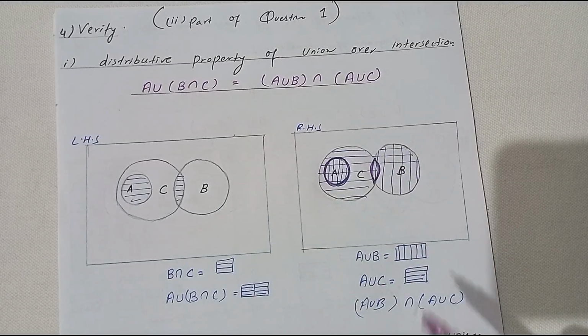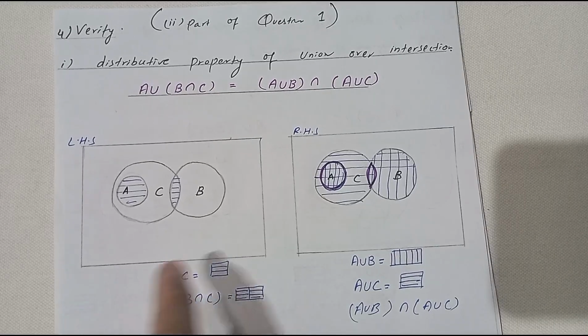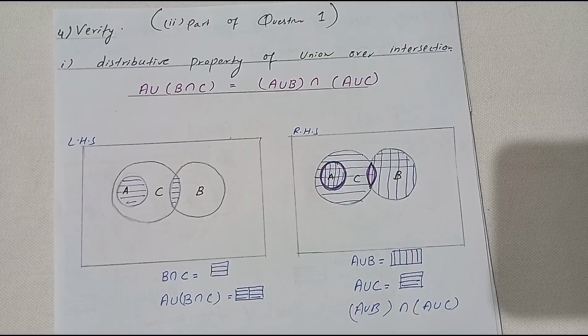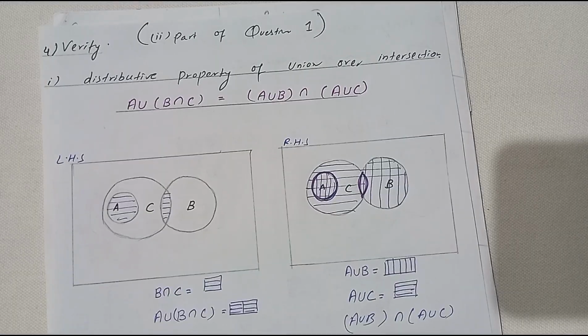So the purple highlighter part is the shading of A union B intersection A union C, and you can see that in the left hand side we also shaded the same part. So the distributive property of union over intersection is proved by Venn diagram.